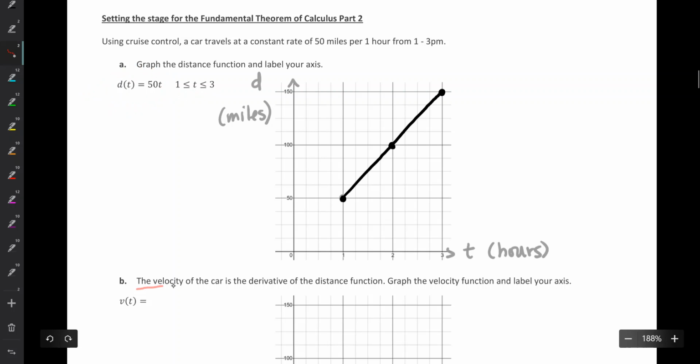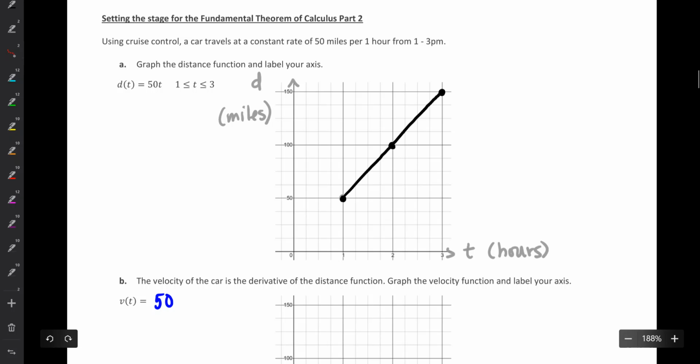Now the velocity of my car, I'm going 50 miles an hour, period. It's constant, meaning I'm not accelerating or decelerating. This is a very idealized situation on purpose. My velocity is always 50 miles per hour. The derivative of 50t is just 50.